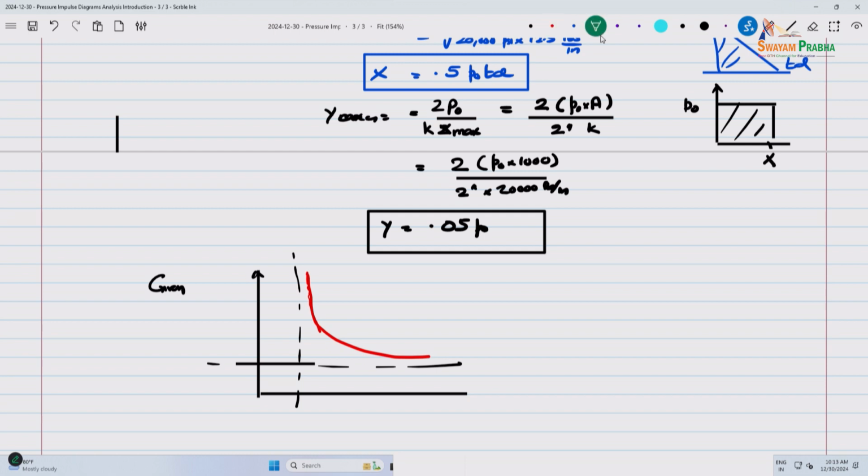Now, say case 1, if P naught is equal to 10 psi, x is equal to 10, so 5 TD, and y is equal to 0.5.